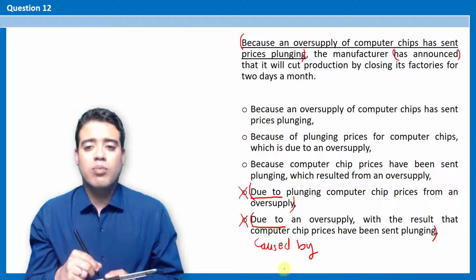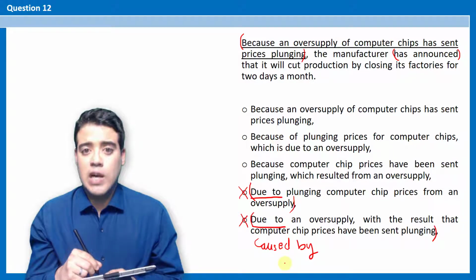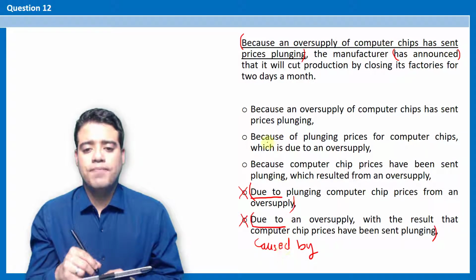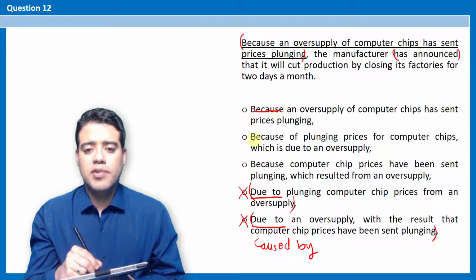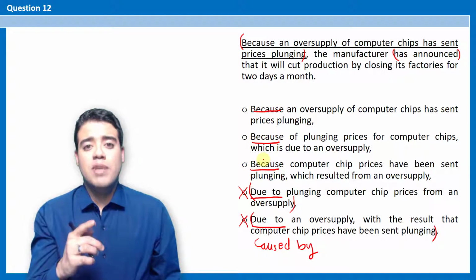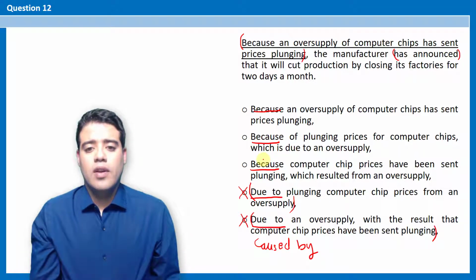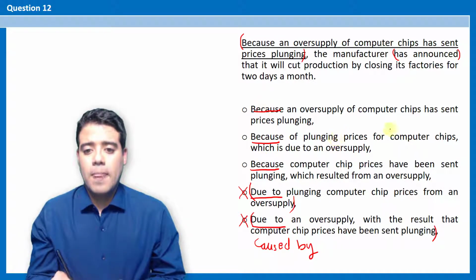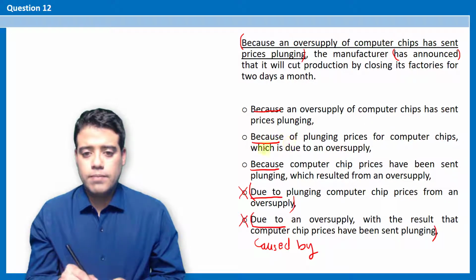So caused by an oversupply, the manufacturer. The manufacturer was not caused by an oversupply. Therefore, I need because. And most of the time, if you are between because and due to, keep because. Okay? Keep because.